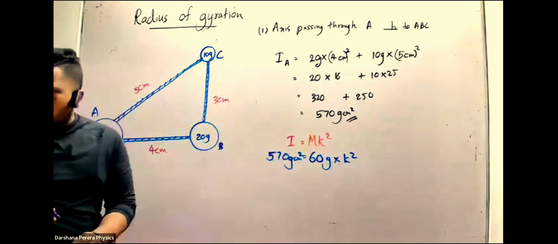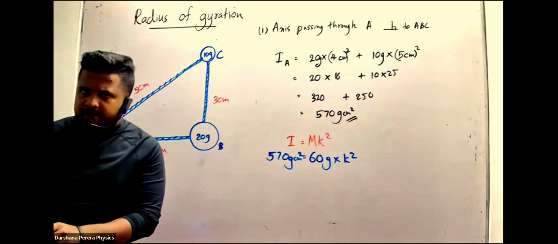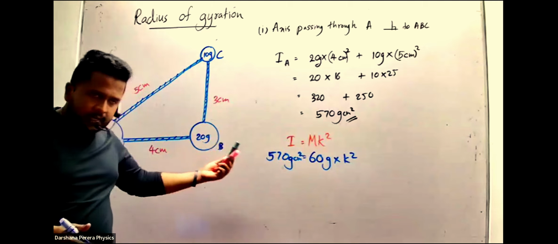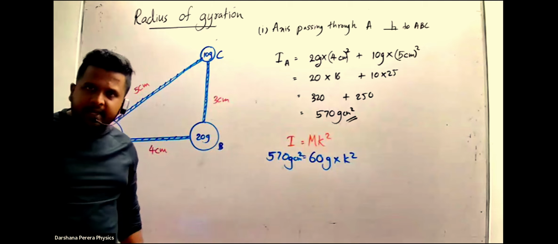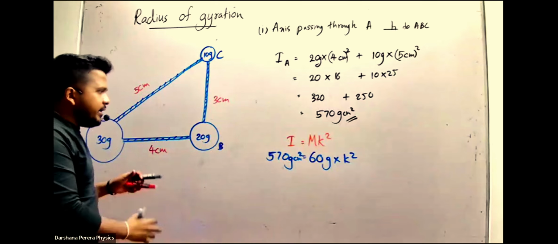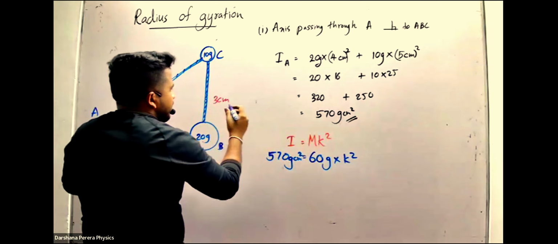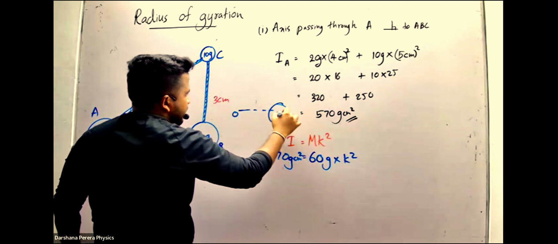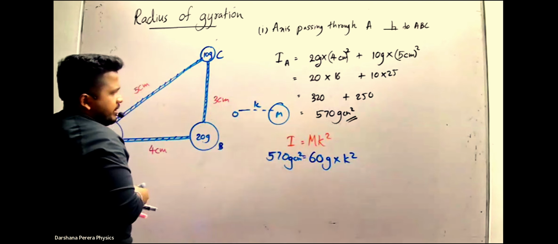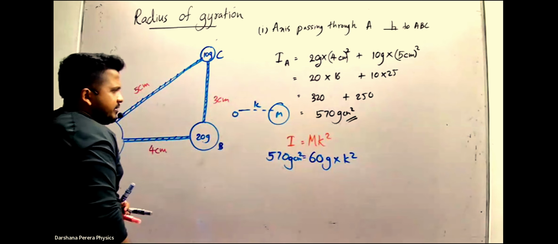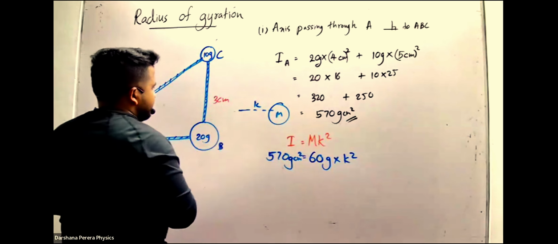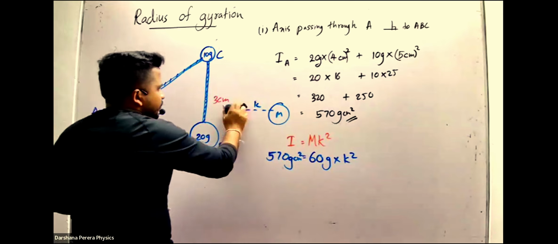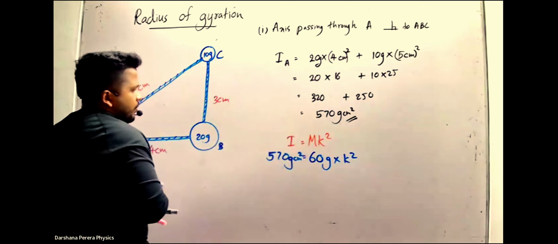We take all the mass accumulating at the K distance and getting these values, right? We get this as a simple diagram like this, M at K distance, right? That's the case for the axis passing through A. Therefore, what is the value?